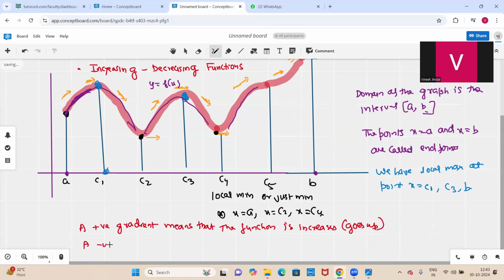A negative gradient means that the function is decreasing, goes down.